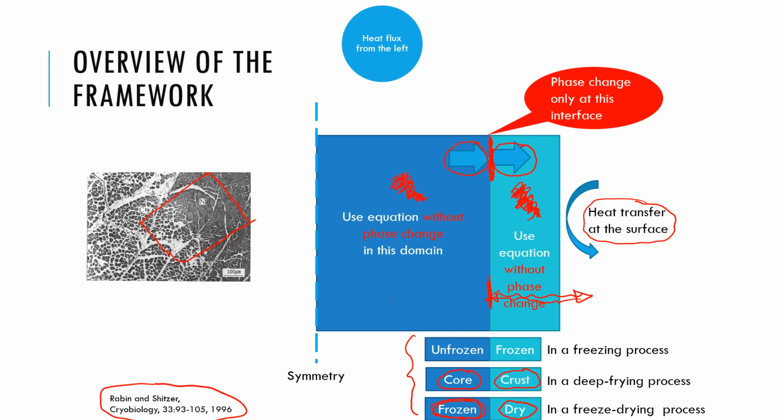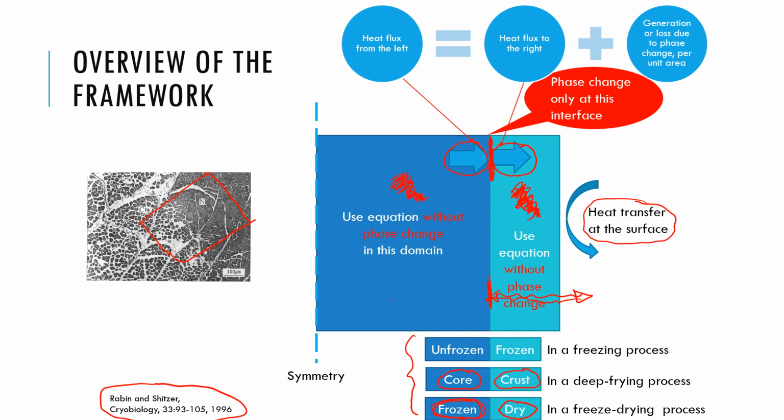But when there is phase change, they will not be equal, and the one from the left and from the right will be related to each other by the latent heat that is either given off or absorbed at that interface due to phase change. So this is new, and the amount of this will depend on how fast the interface is moving.